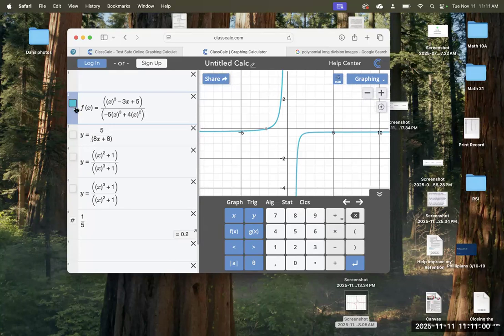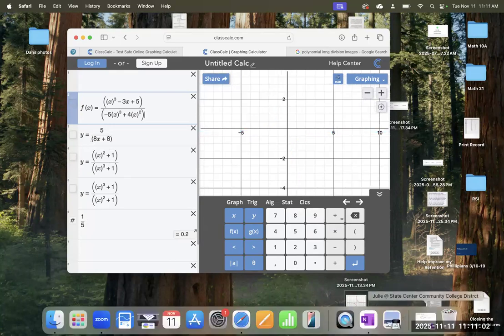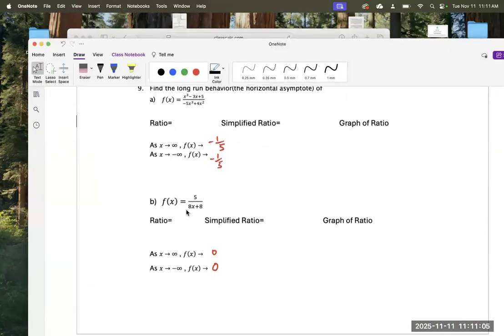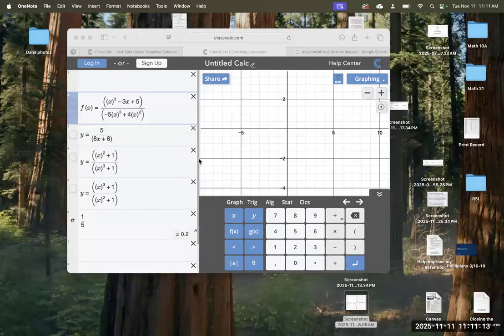Now let's look at the next equation, because in your notes it says we need to find the long run behavior of 5/(8x + 8). So we can graph that to see what happens in the tails. That's the long-term behavior. So I graph that equation.